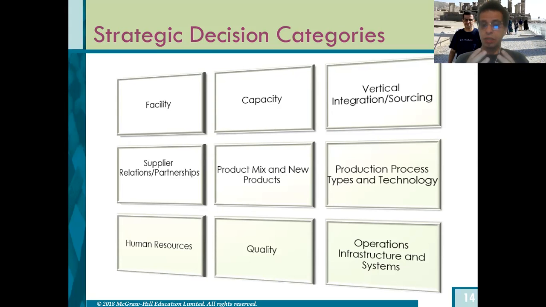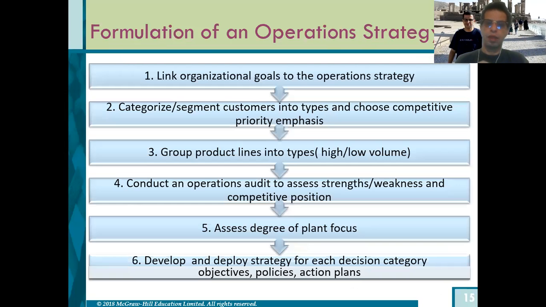The product mix and new products, production process types, and technology that supports the production. We need to look at the human resources. We look at the quality, what quality level we are producing. And also we look at the operation infrastructure and systems. We'll explain each one separately.